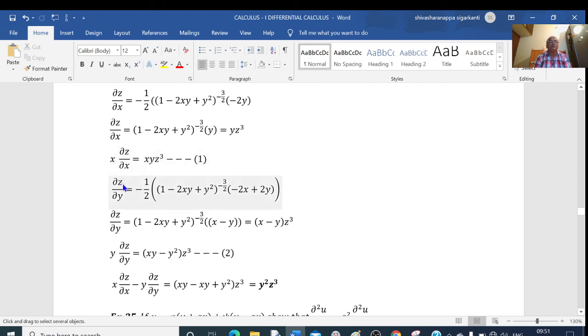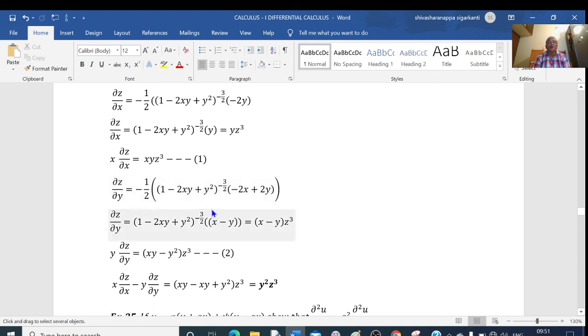differentiating partially with respect to y, the given equation, it is again minus 1 by 2 into (1 minus 2xy plus y²) to the power of minus 1 by 2 minus 1 is minus 3 by 2, into differentiation of this with respect to y. With respect to y, one derivative is 0. Here this is minus 2x plus 2y.